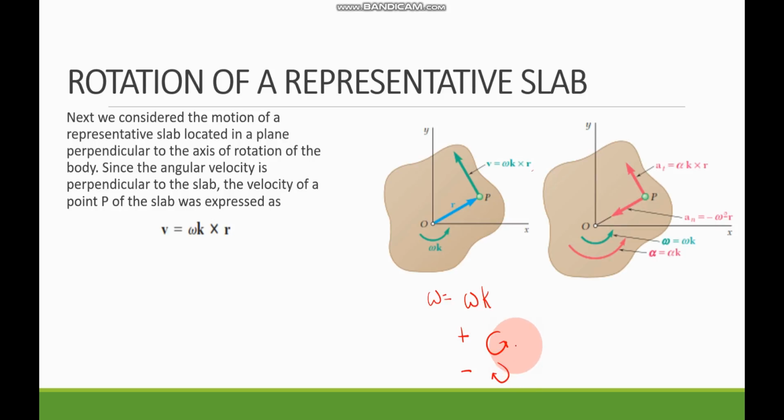So kindly take note of these orientations, that if we have a positive value of the angular velocity, it corresponds to a counterclockwise rotation of the slab, and if it is a negative value, it signifies a rotation in clockwise motion.